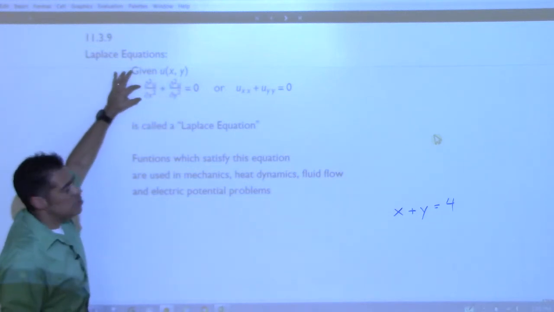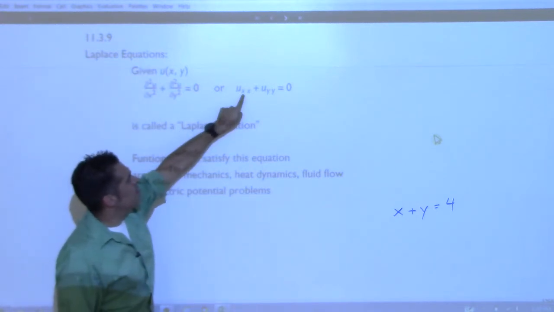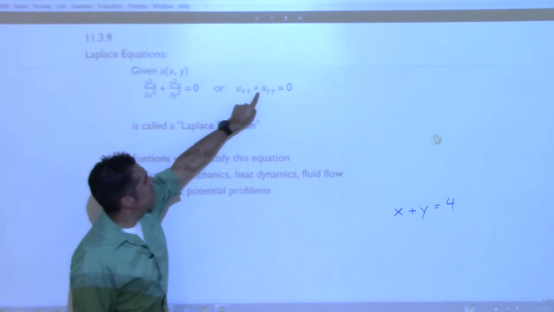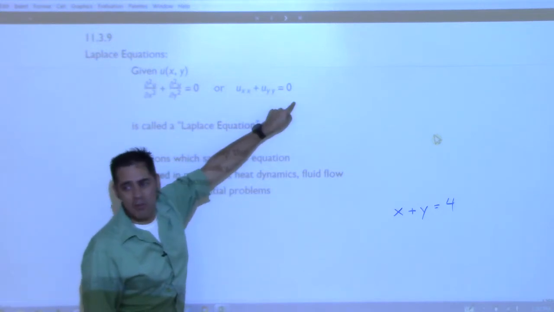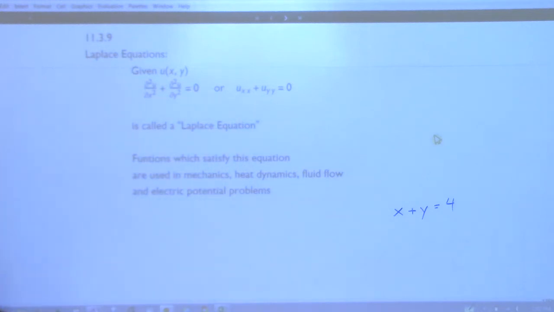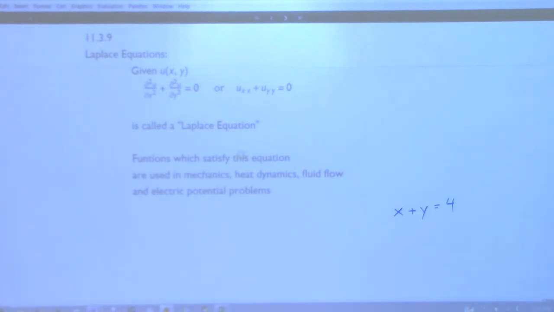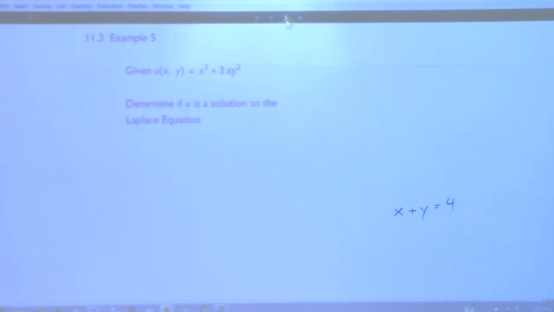Now, this is the notation you might see in an engineering class, but this is equivalent to saying the partial with respect to x twice plus the partial with respect to y twice has to be equal to 0. If that's true, then that original surface or whatever satisfies the Laplace equation. So we need uxx plus uyy to be equal to 0.